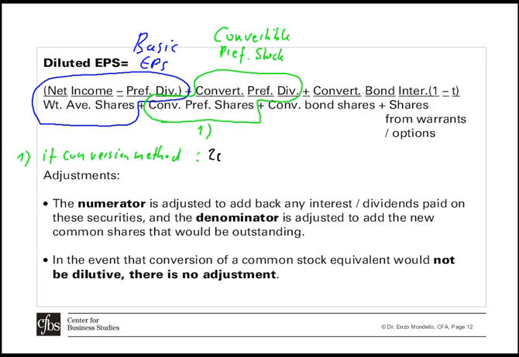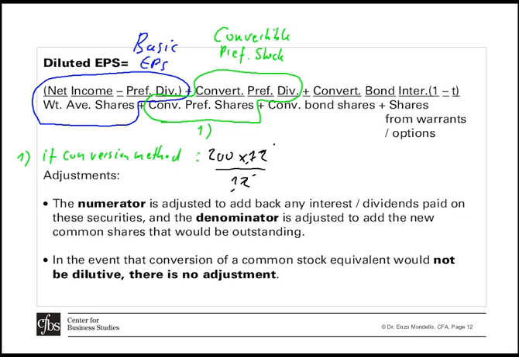That means we take the 200 shares and multiply them by 12 months over 12 months. That's the if conversion method. You see, 12 over 12 cancels out, and we are left with 200. So the 200 common shares given to the preferred stockholders are included in the denominator to calculate diluted EPS.